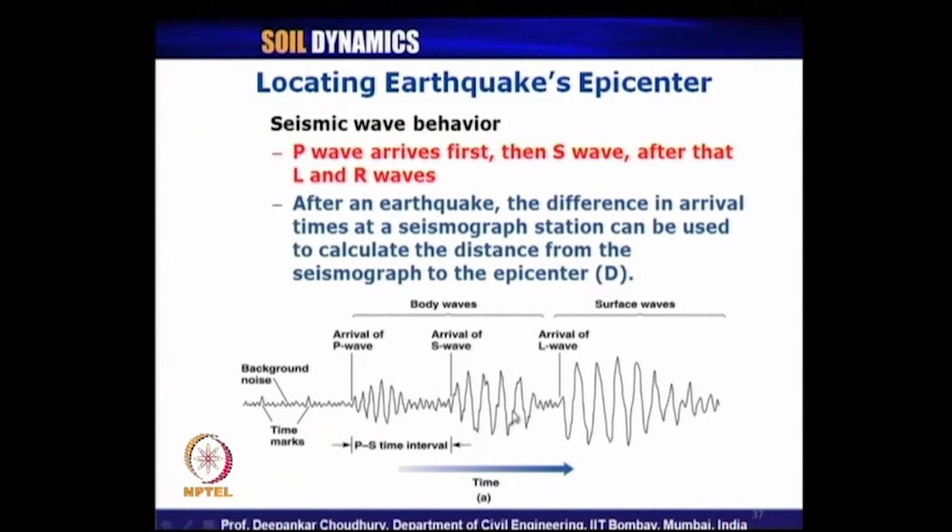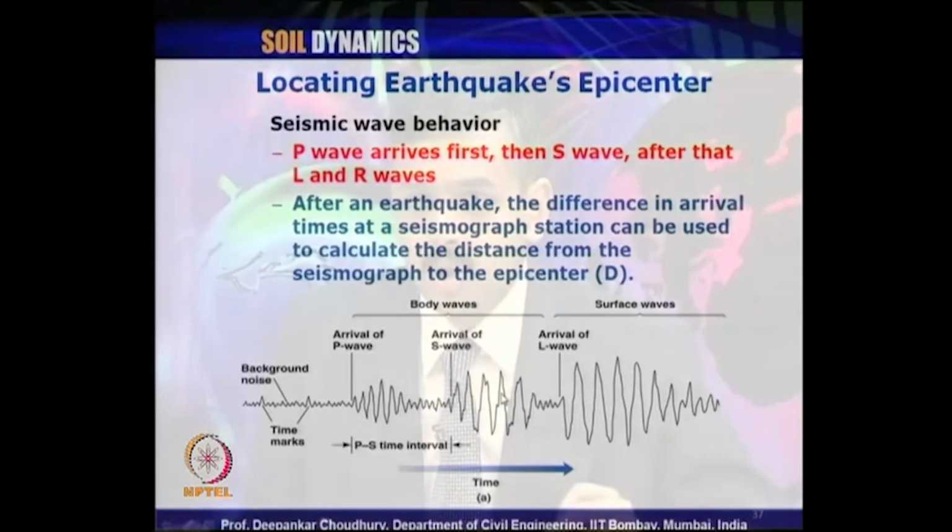Otherwise, if it is located in the shadow zone of the S wave only, obviously the S waves will not come and you will record only the P wave. If it is located in the shadow zone of both P and S waves, nothing will appear, and you will not even feel that an earthquake has occurred in some part of the world.